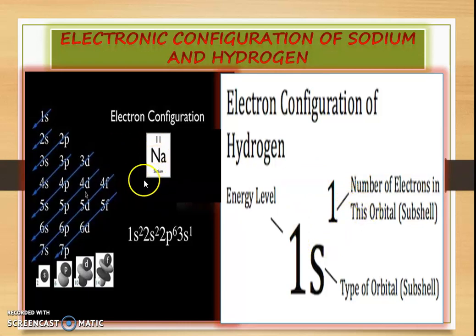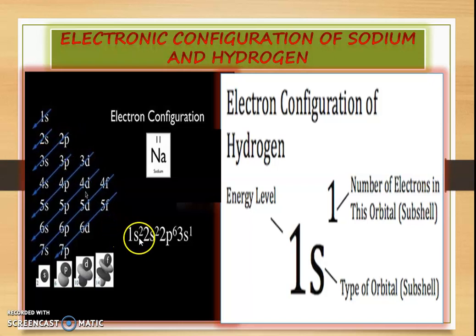Similarly, for the electronic configuration of sodium, Na 11. The atomic number of sodium is 11. So how can you write the electronic configuration? You need to follow this order carefully. As we know that sodium contains 11 electrons, we need to fill 11 electrons. We first write 1s, then 2s, then 2p, 3s.